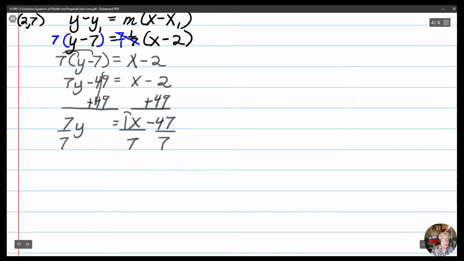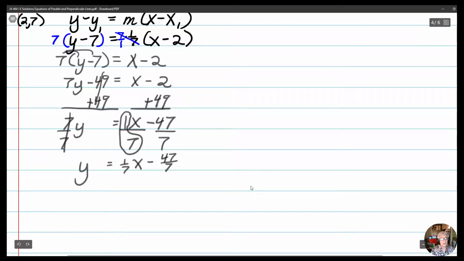Now, my slope is going to be 1/7. Y equals 1/7 x minus 47/7. And 7 won't go into 47, it will go into 49. So that's the equation of our line.